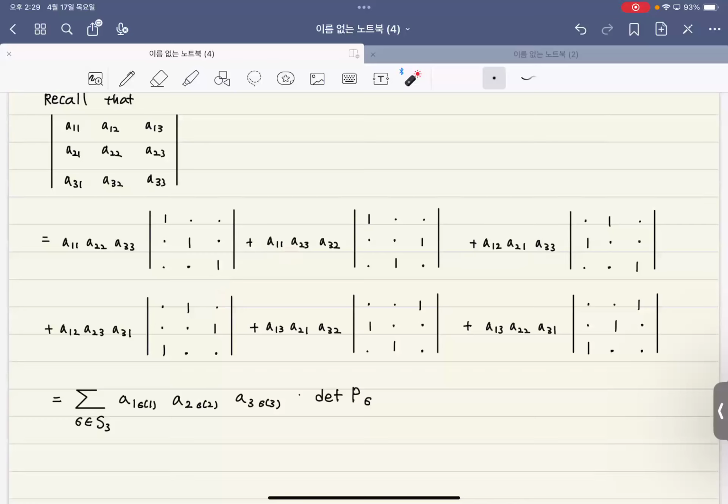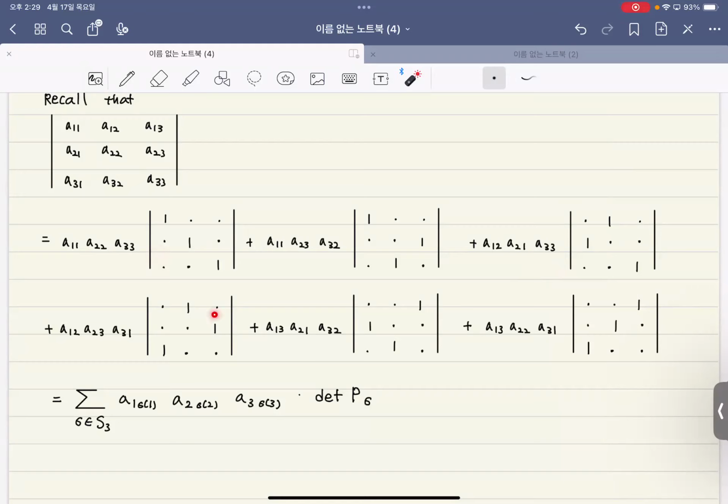So 1, 1, 2. So you know the permutation which can be associated with this matrix was a permutation which interchanges 2 and 3, right? So 2, 3, and 2, 3, 2. And the permutation that can be associated with this matrix was interchanging the first and second. So 1, 2, 2, 1, and 3, 3. Right? Can you see the pattern here?